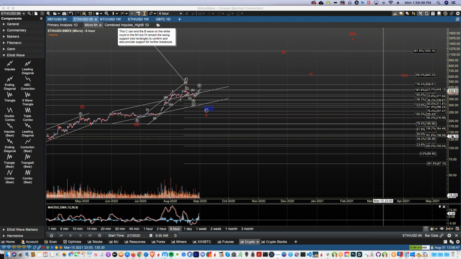Long term, because I have Bitcoin targets over 300,000 in the long term chart, that weekly I showed you guys with the bull flag, eventually I do see Bitcoin running over 300,000. GBTC, I have to review my charts because there are a few scenarios, but it should go into the 4 figures. We should see GBTC, could be many years from now, go into the 4 figures, no joke.